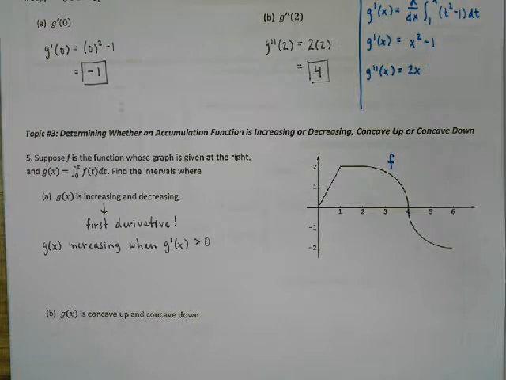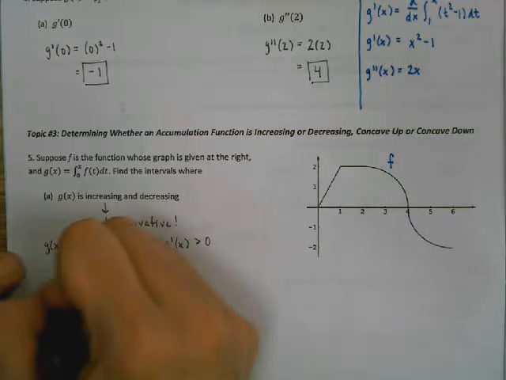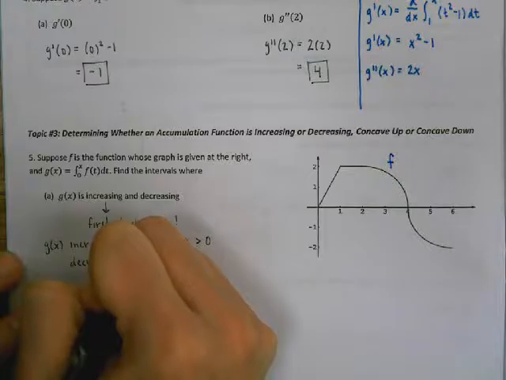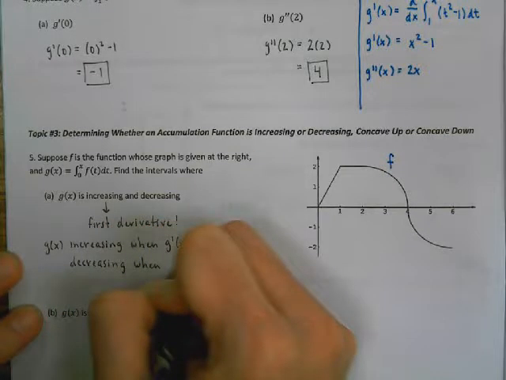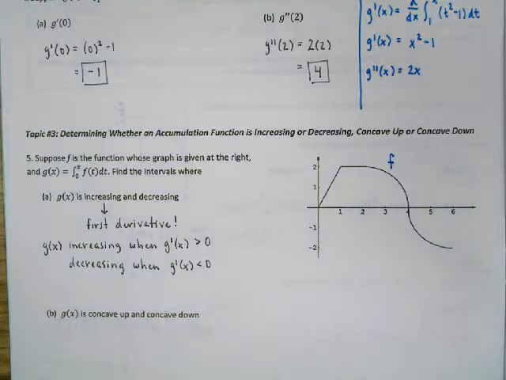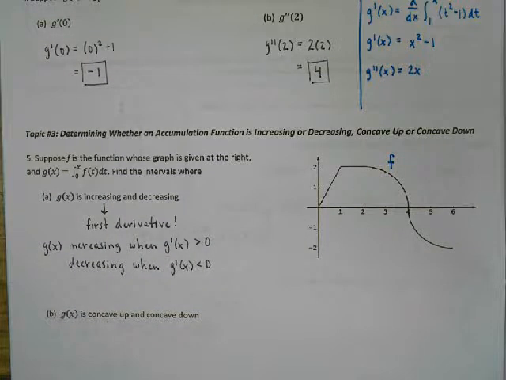We know increasing is where the first derivative is positive. On the other hand, I know it's decreasing when g prime of x is less than 0. So we're always decreasing when the derivative is less than 0.